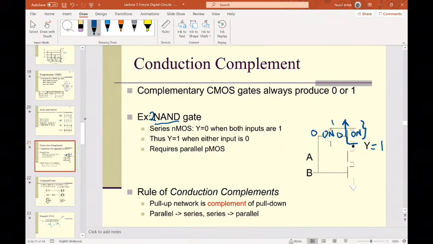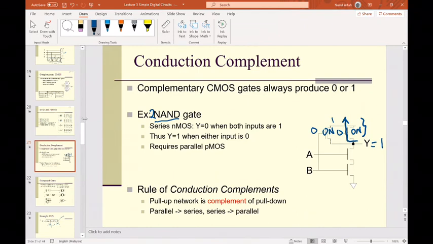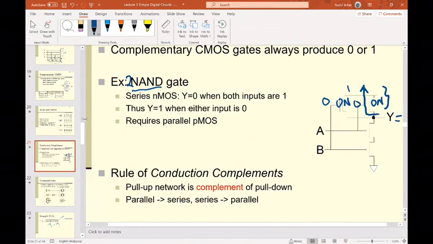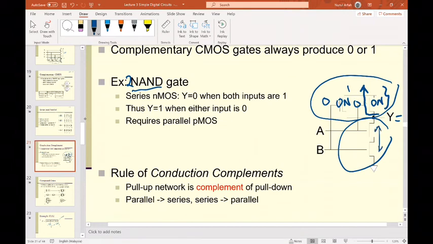Okay, now done. So the rule of conduction complements is that the pull-up network is a complement of the pull-down. Yes, the PMOS here is a complement of this. Meaning to say, if you have this in series, then the PMOS should be in parallel, just the opposite of the condition of this NMOS.